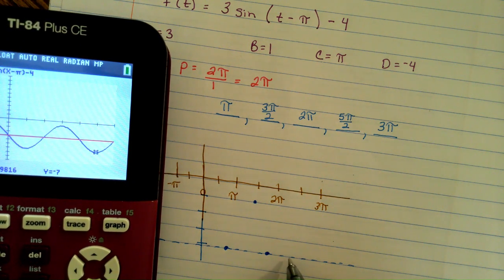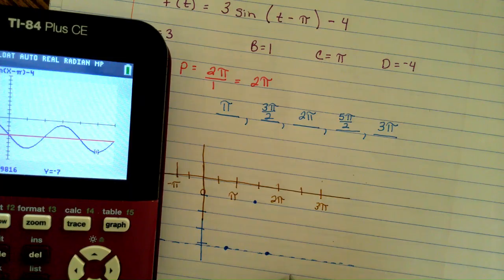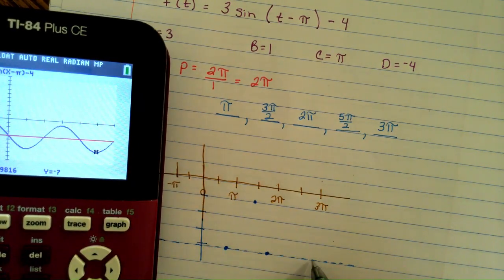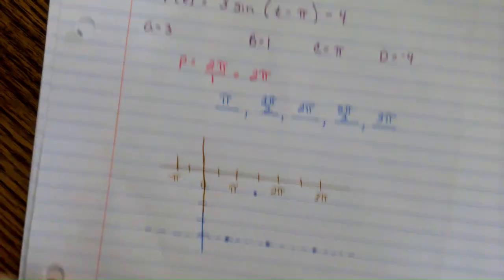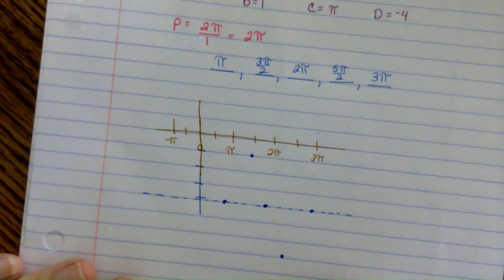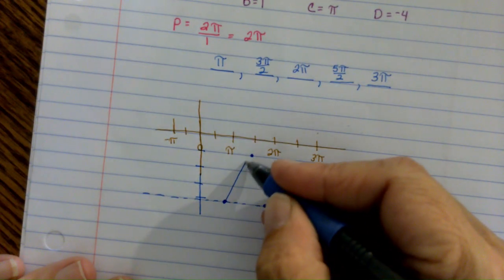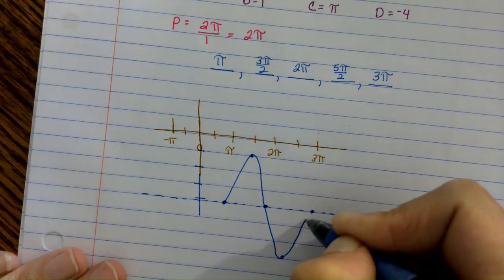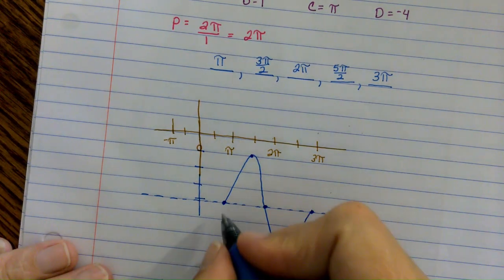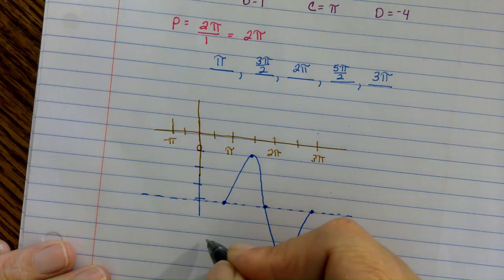So that's negative 4, negative 5, negative 6, negative 7. And 3 pi is going to be back on that center line. Okay. So we got the full up and a full down. So I got one full wave. So I need to get my second one on there. So I'm just going to repeat.